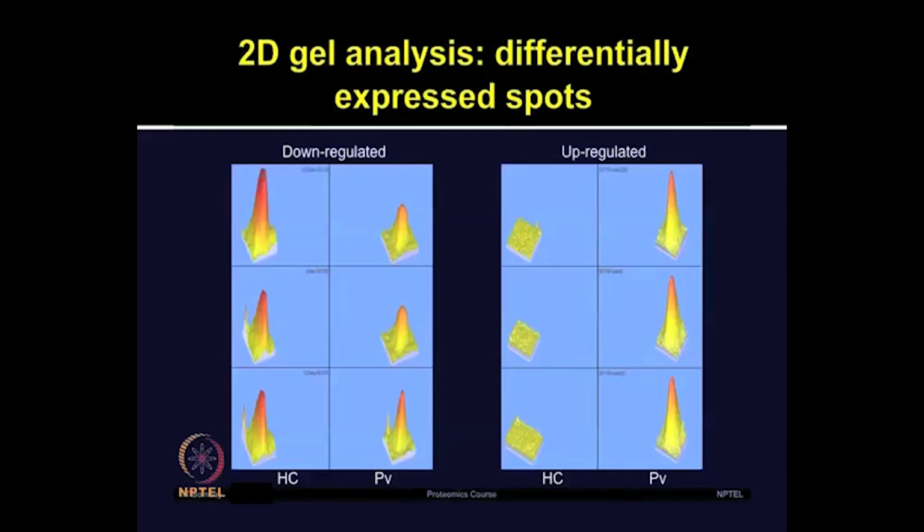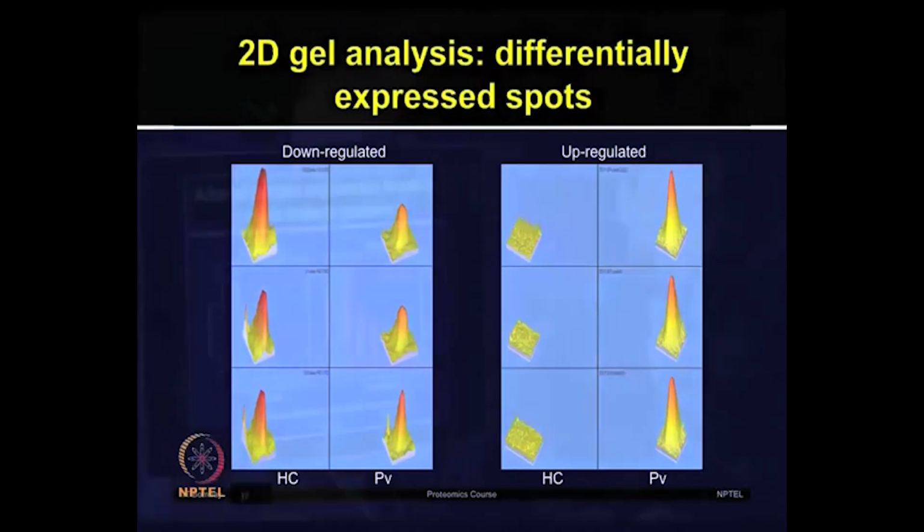Now, for those spots which we found were showing good differential expression, we looked at the 3-dimensional views of those spots to ensure that those are not artifacts and those are real spots showing up or down regulation of these proteins in human serum.